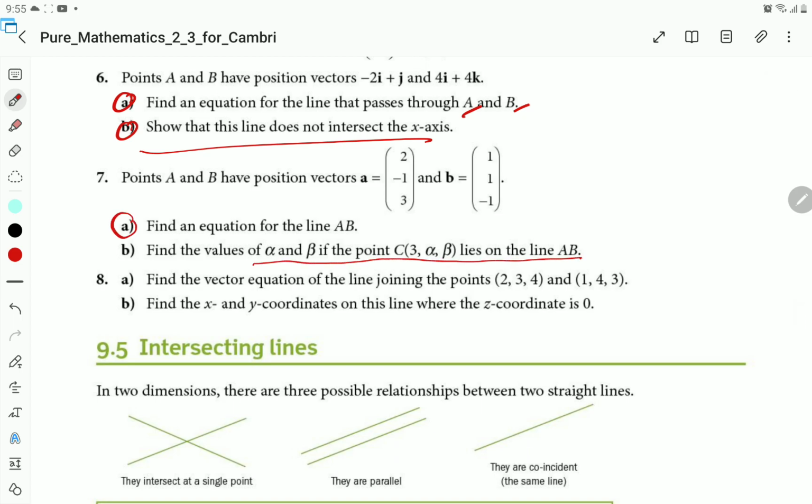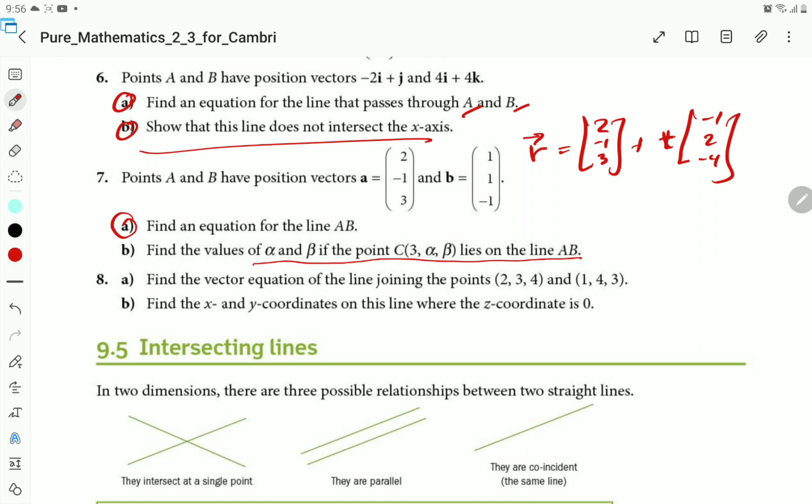So if you would be able to find the A, so that's going to be r is equal to 2, -1, 3 plus t times your AB, which is -1, 2, and -4, like that.